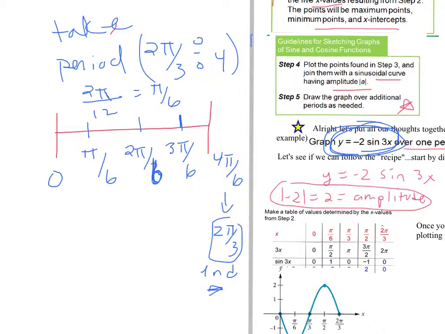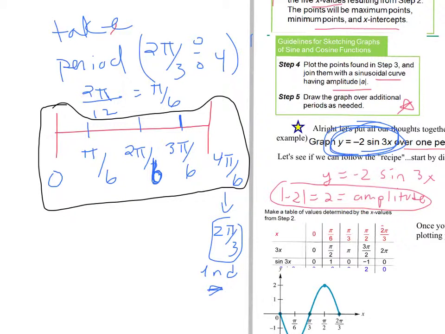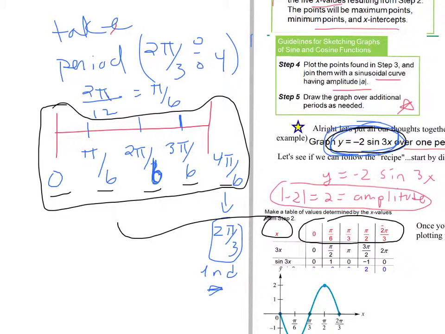Big note to self, you have to practice chopping that x-axis into 4 equal parts like that, and notice that those partition values are the exact values that occur in this xy table. You see that? So that's how you're going to know how to make your xy table. You partition the period of this function, y equals -2 sine 3x, into 4 equal parts, which means divide by 4.